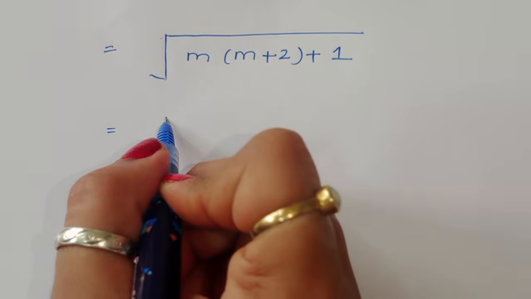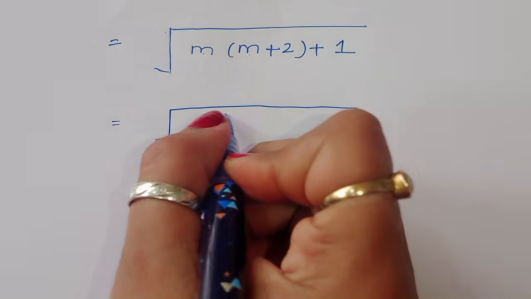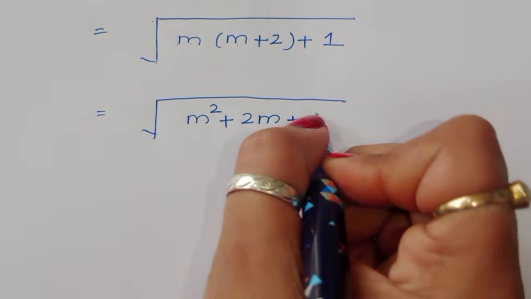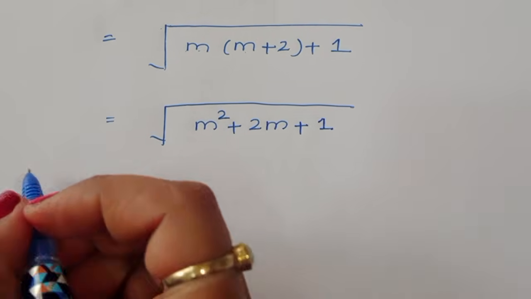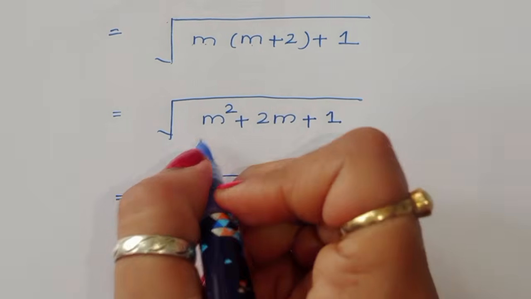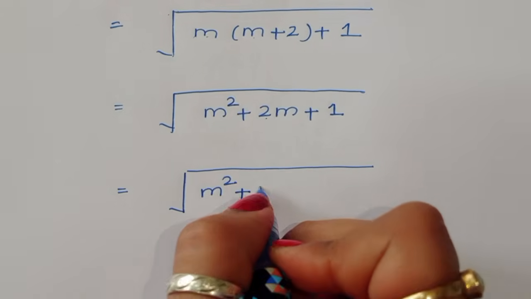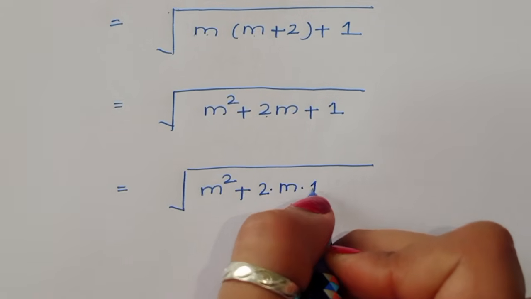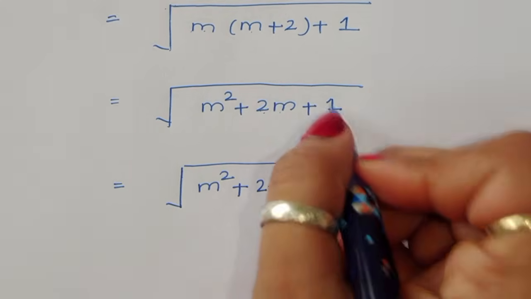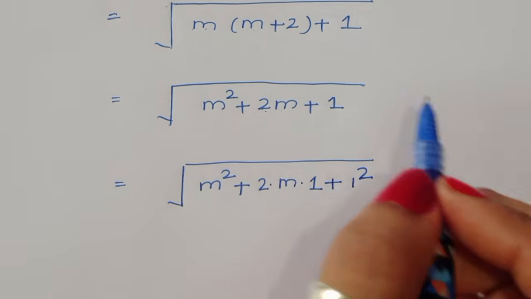So this is equal to M times M, M square, plus 2 times M, plus 1. Now this is M square plus 2 times M times 1, and we can write this plus 1 square, so the value is same here because 1 square is 1.